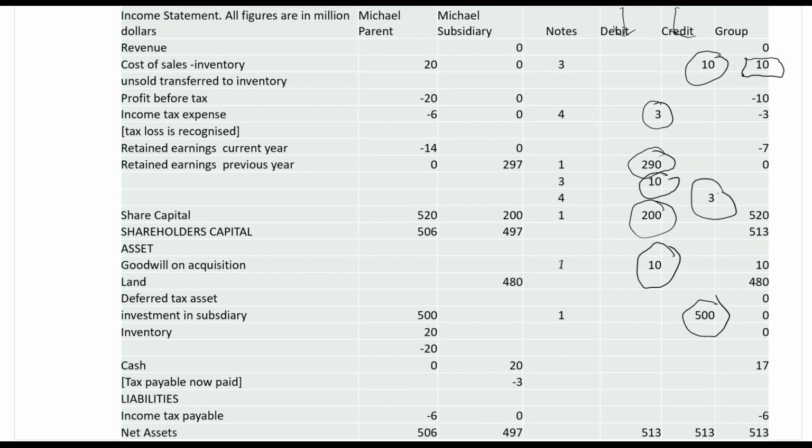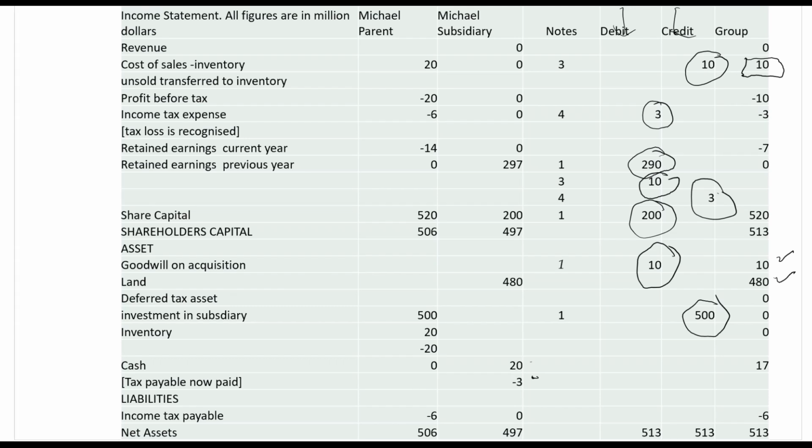Goodwill on consolidation still remains here. And the land still remains here, 480 million. And the cash is 20 million. And from previous period, there was income tax payable that we need to eliminate because of the sale of inventory.